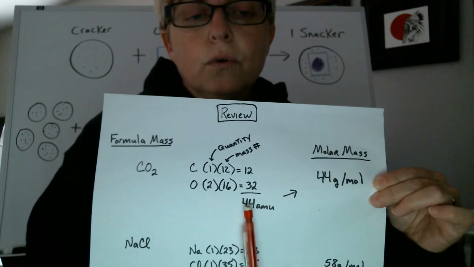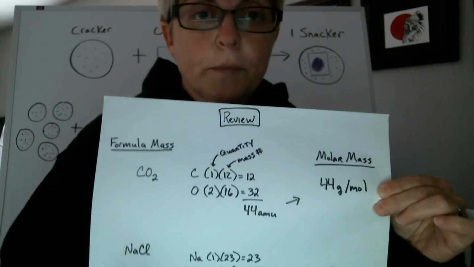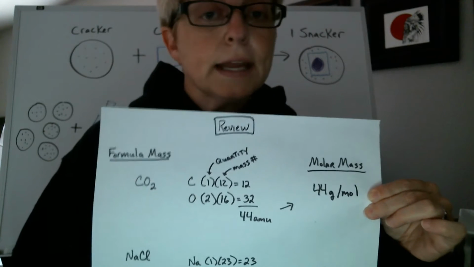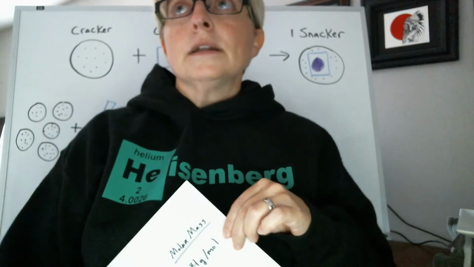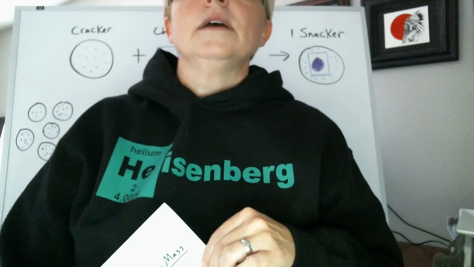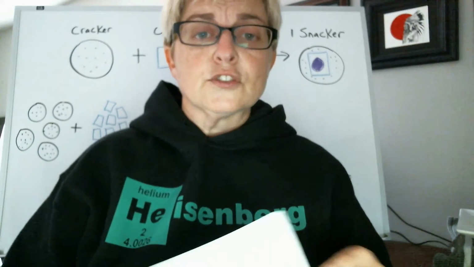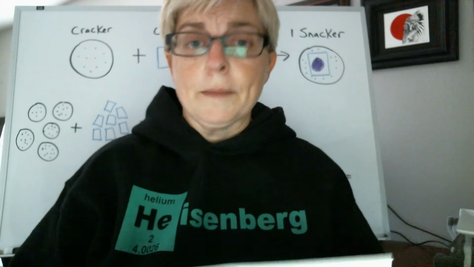Well, we are going to be doing problems not with formula mass, but with molar mass. So how do we calculate molar mass? Let me take a moment because I just don't know if I have the energy to explain this extremely complicated math procedure, but I will try my best.